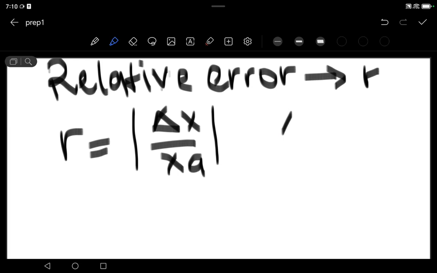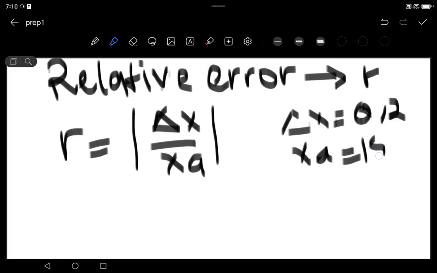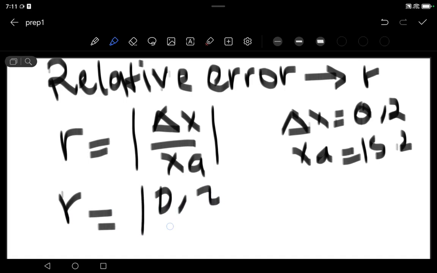We found change in x as 0.2, and our xa was 15.2. So we just substitute what we've calculated: the relative error is 0.2 over 15.2. And then we get the answer.